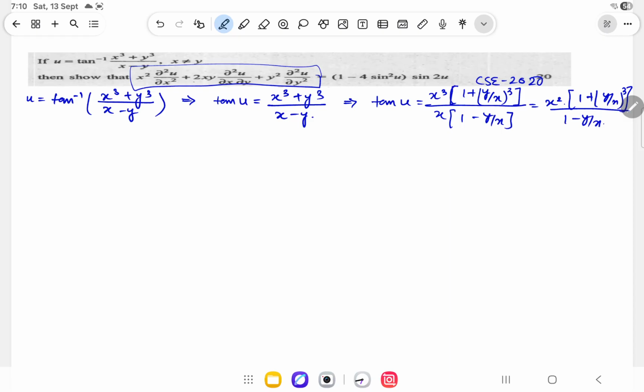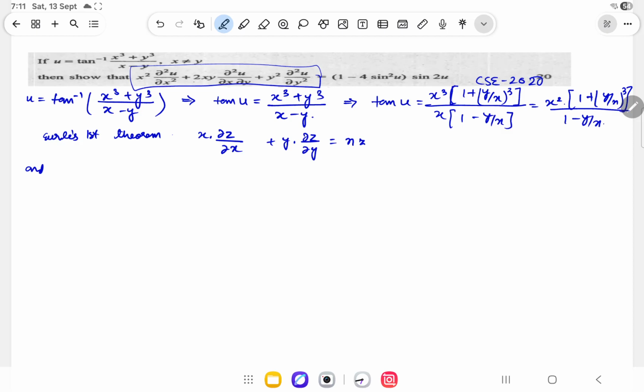Euler's second theorem states that... Euler's first theorem says that x into del z by del x plus y into del z by del y is equal to nz.